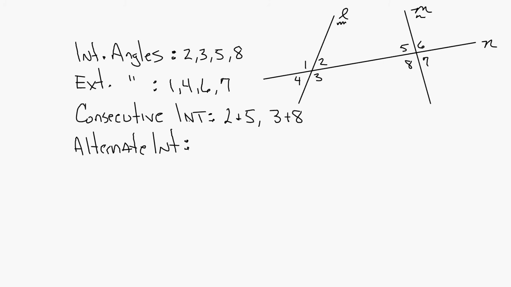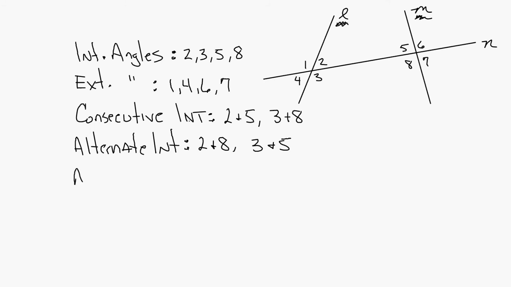Let's look at, all right, 8, yes, but interior got to be between L and M. 2 and 8, right? Yep. And what's the other pair of alternate interiors? 3 and 5. Very good. Everybody see it? Alternating sides of the transversal in the interior of lines L and M.